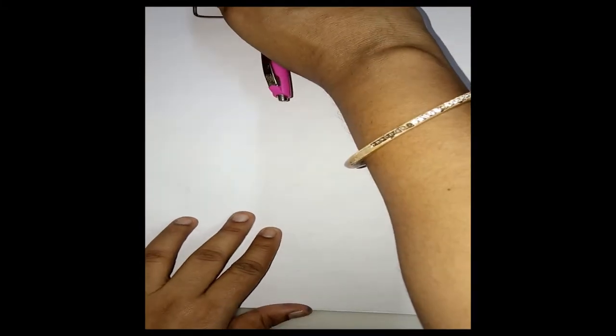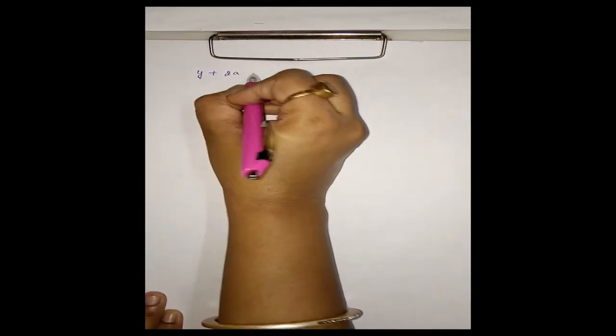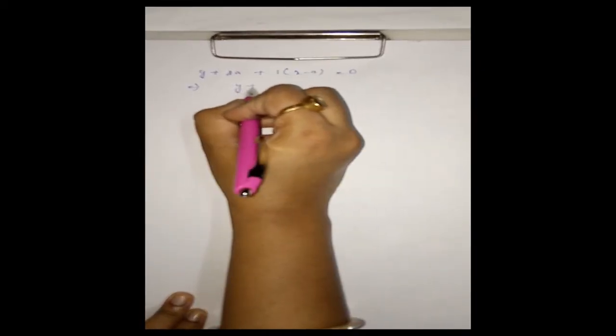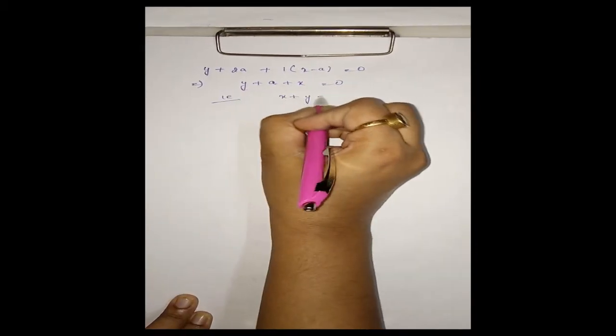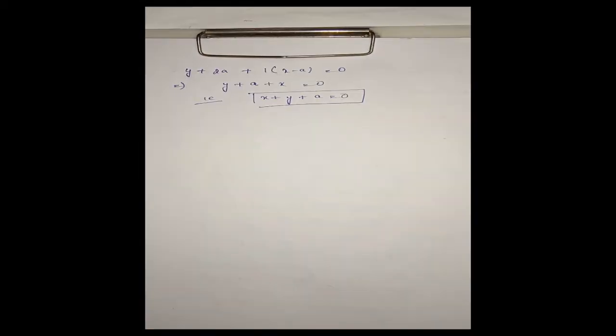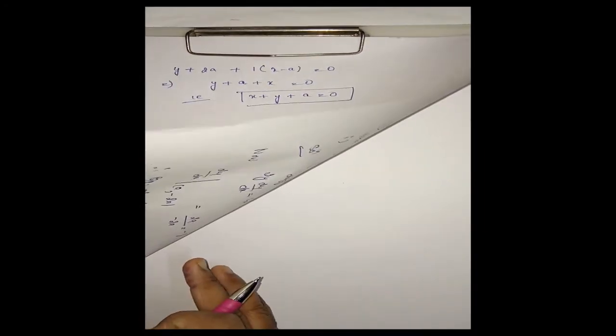Okay, now this is equal to y plus 2a plus 1 into x minus a is equal to 0. That is, y plus a plus x is equal to 0, or in the form we can write in this form, x plus y plus a is equal to 0. This is the equation of tangent at the point a and minus 2a.